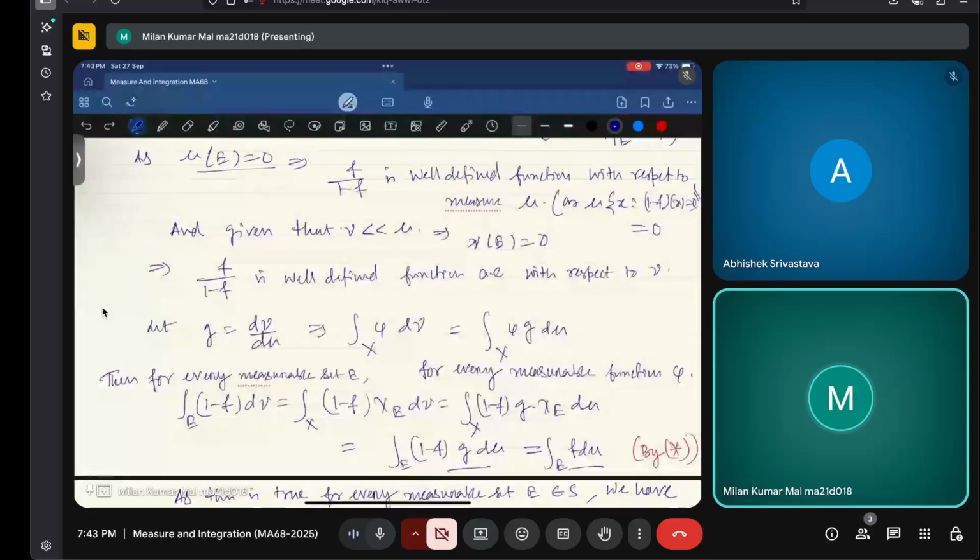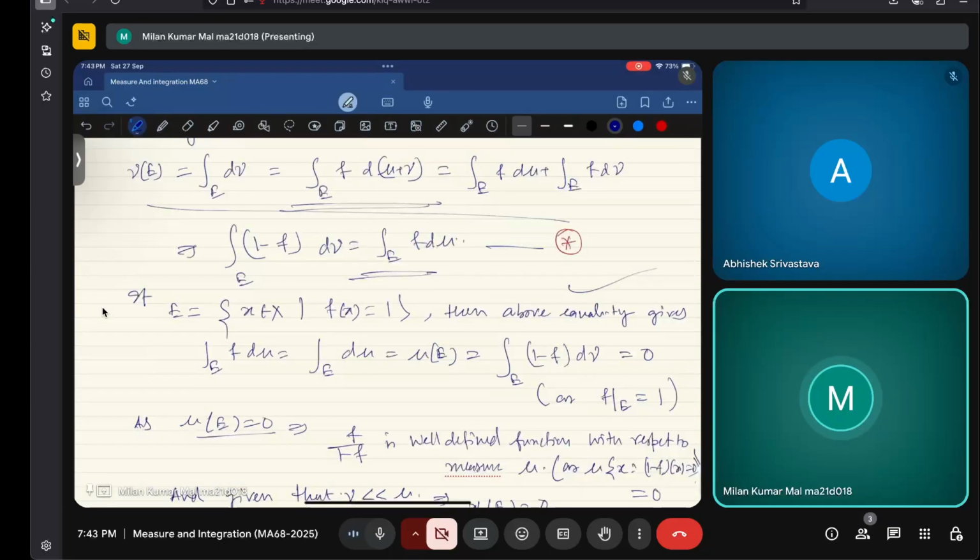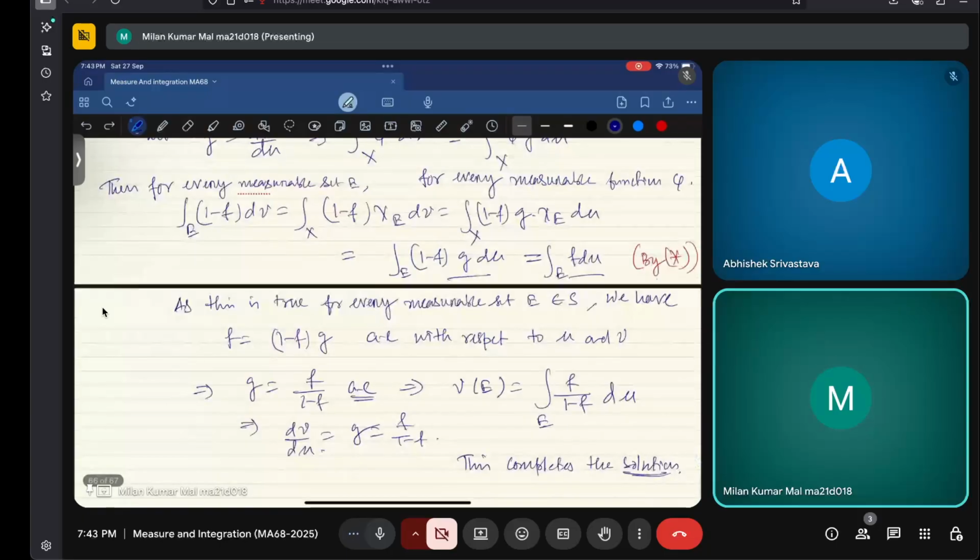For this, for every measurable function phi on S, you can write the integral of phi f d mu, if g is the Radon-Nikodym derivative of nu with respect to mu. Next, we use this and obtain the fact that 1 minus f g is almost everywhere equal to the function f, because the integrals of these two functions are equal on every measurable set.